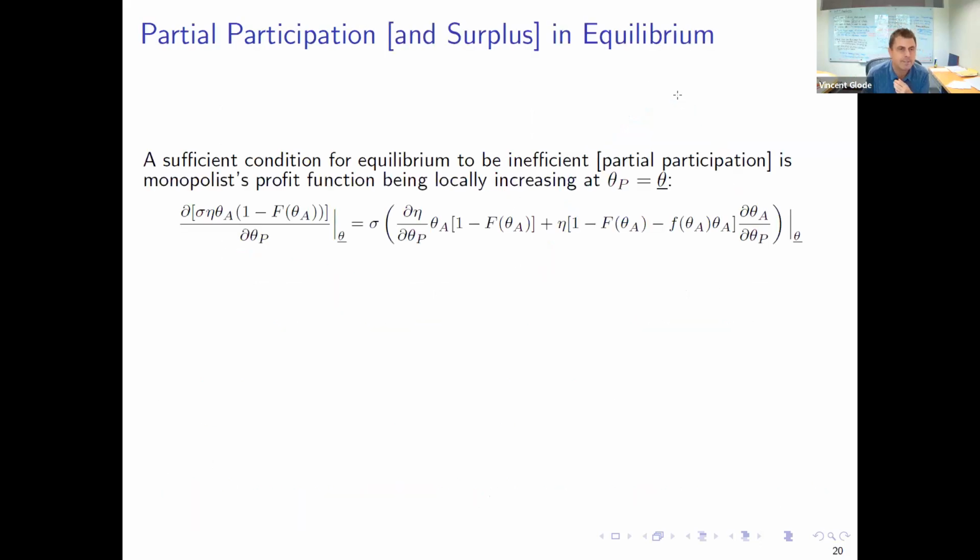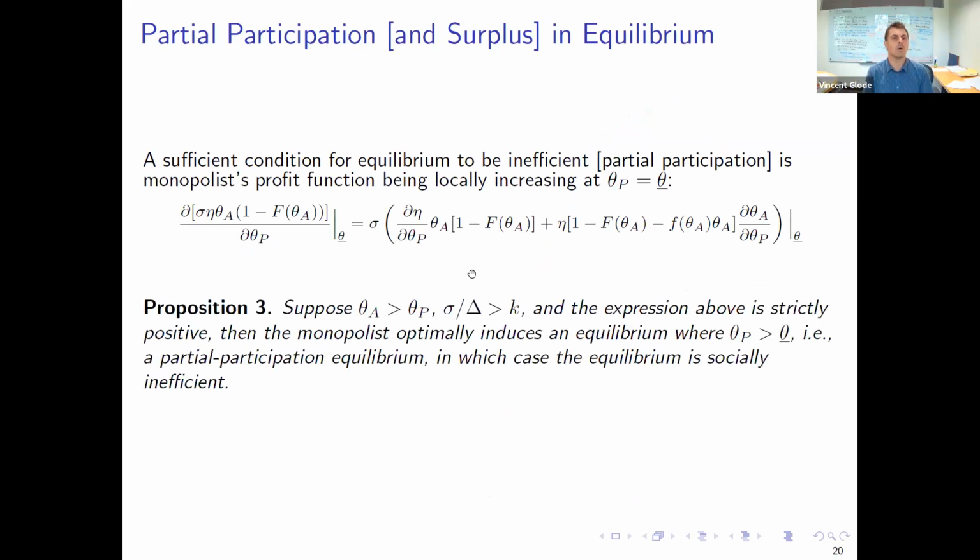Now, what if we look for situations where we don't have efficient participation? So again, that quantity is important. If sigma over delta is greater than K, and this expression is strictly positive, then the monopolist finds it optimal to sell enough trading advantages that it triggers partial participation.